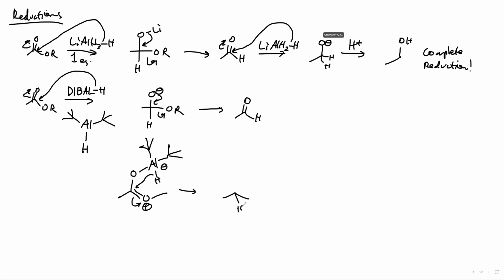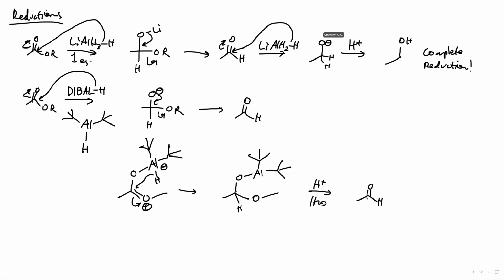It turns out that this intermediate here that I'm about to draw is actually a stable intermediate. Okay, it's a pretty stable intermediate. And so it's not until hydrolysis, so not until we add H plus H2O, that this will collapse into the aldehyde.